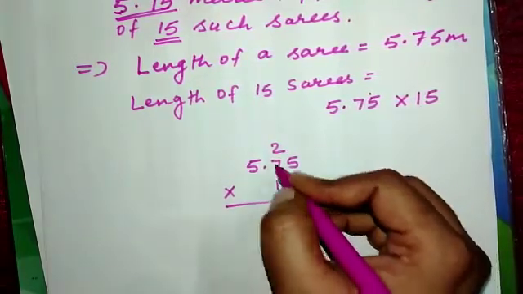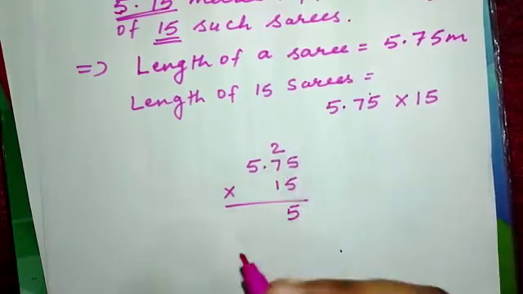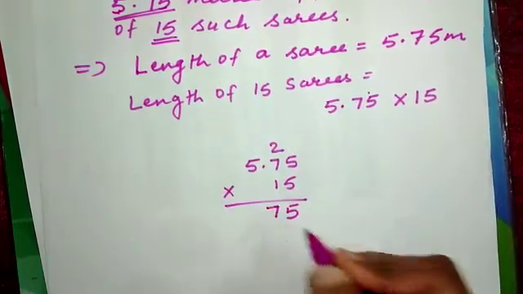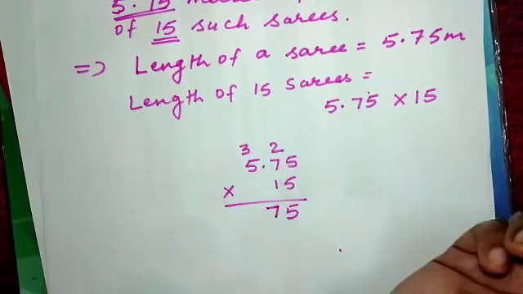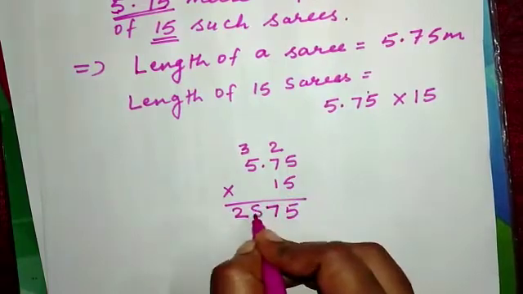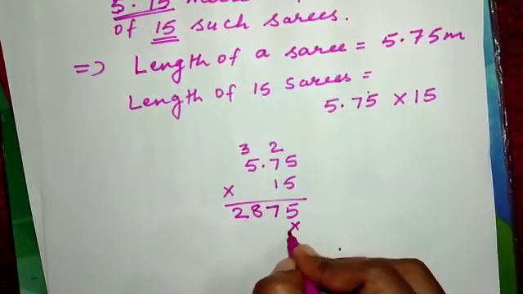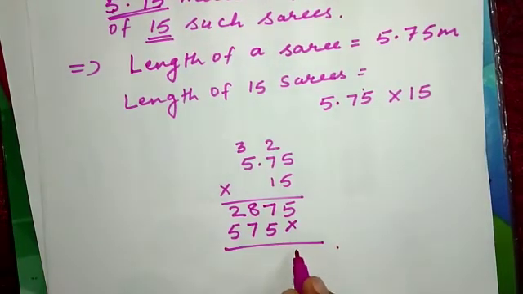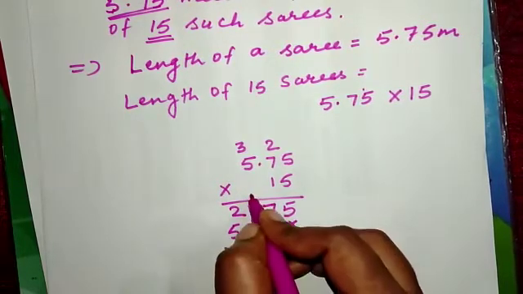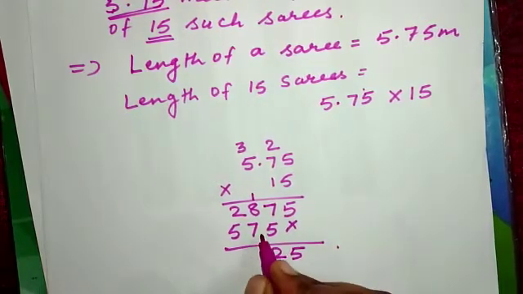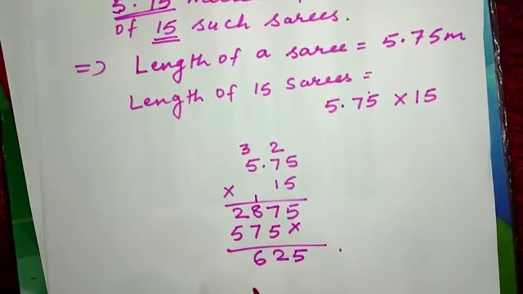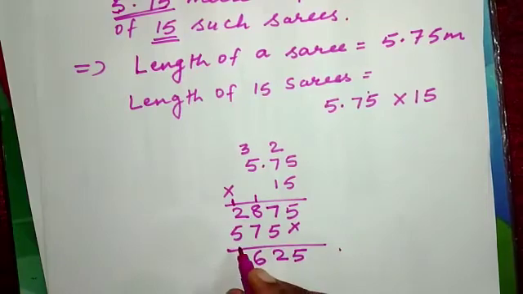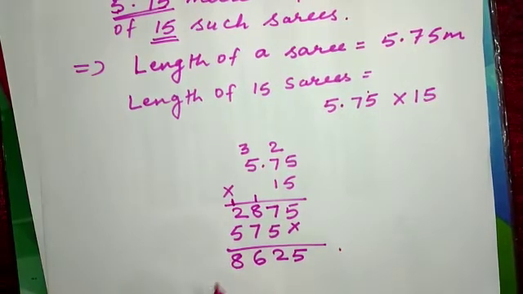Here 2. 7 fives are 35 plus 2, 37. 3 here. 5 fives are 25 plus 3, 28. Now 5, 7 ones are 7, 5 ones are 5. So now we will do the sum. 5, 7 plus 5, 12, 1 carry here, 8 plus 7, 15 plus 1, 16, 1 carry, 5 plus 2, 7 plus 1, 8.